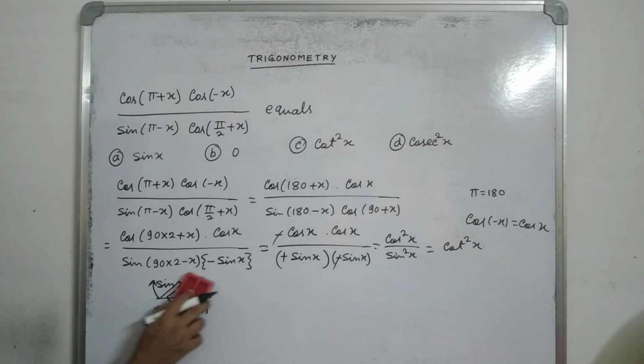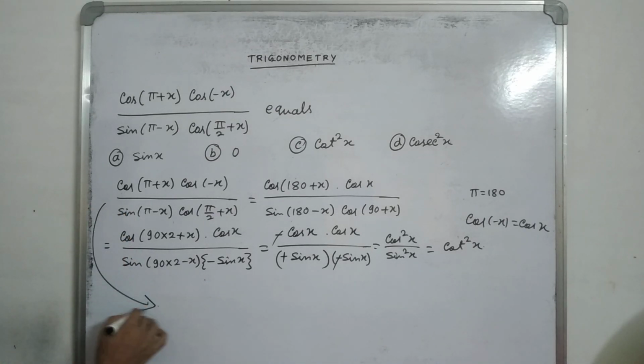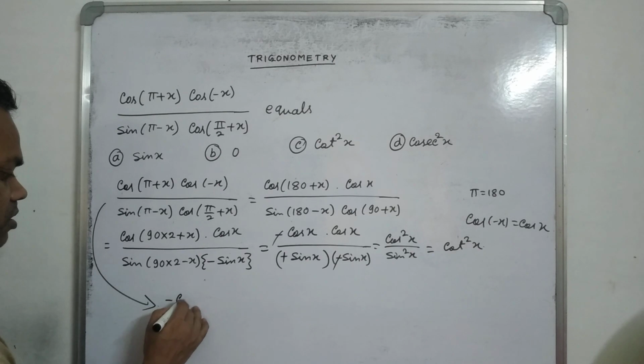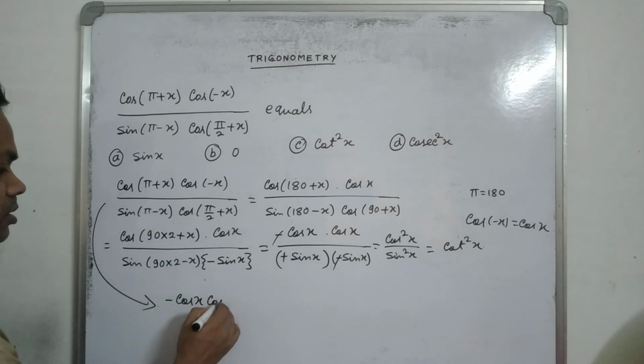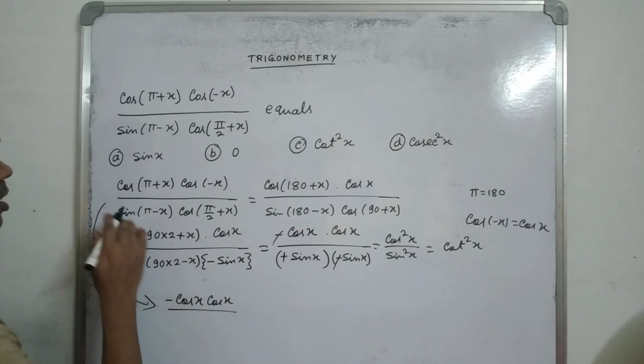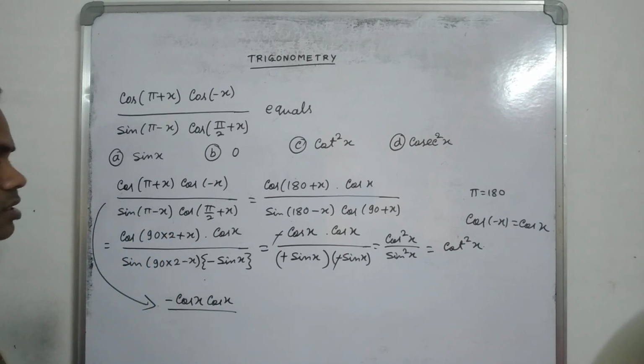There is another way to write it directly from this sum, using the standard formulas. Cos(pi plus theta) is equal to minus cos theta, so this is minus cos x. Cos of minus x is cos x. Sin(pi minus theta) is equal to plus sin theta, so this is sin x.